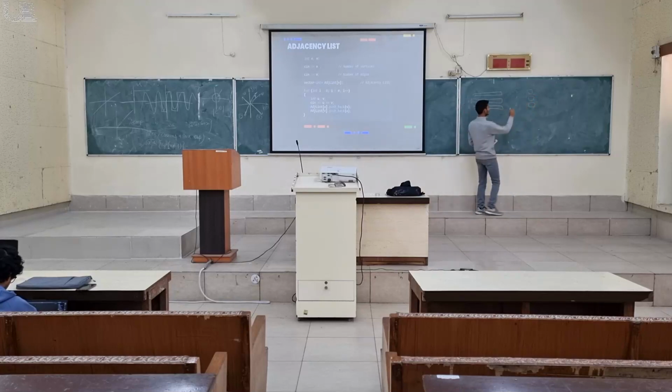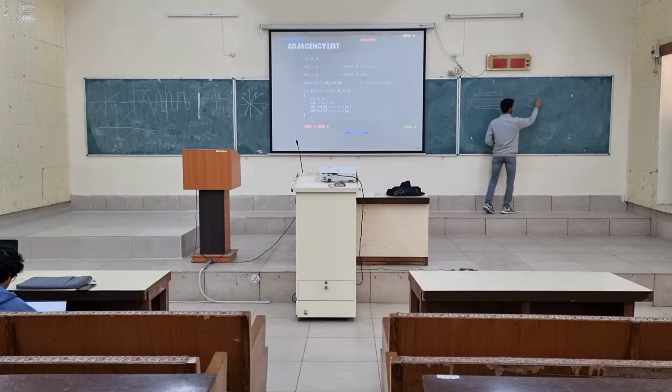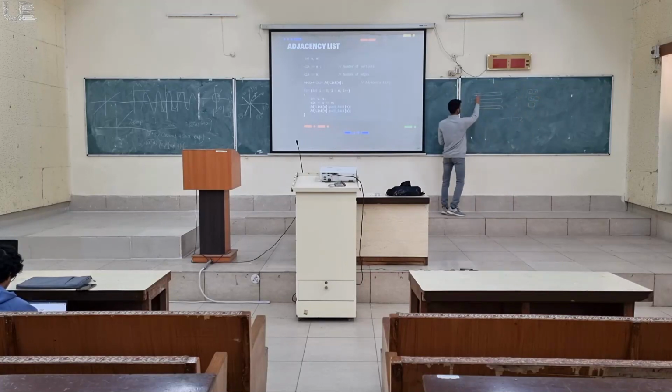Whenever we get an edge for 0, we'll update it here. If 0 and 1 have an edge, then we'll put 1 and then a blank space. And if 1 and 2 have an edge, we'll put 2 here and then again a blank space. So we won't be using all that space that we were using here. It is similar to matrix, but the arrays are dynamic. That is the only difference.